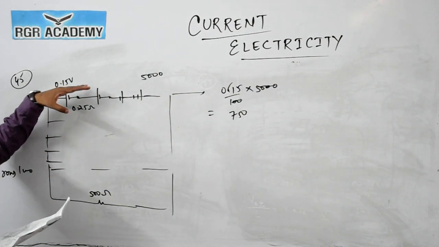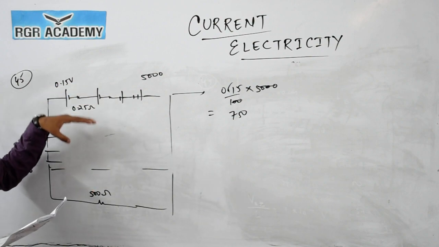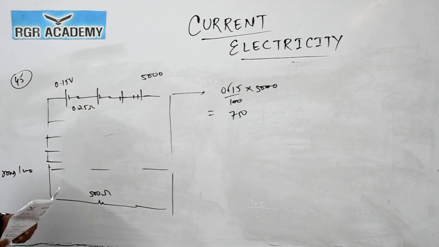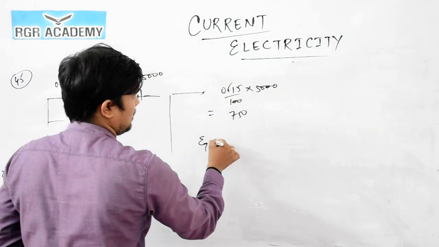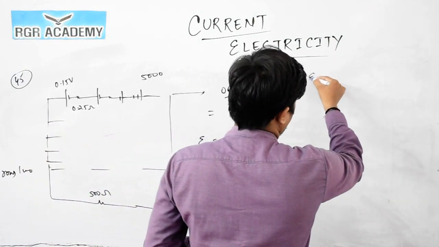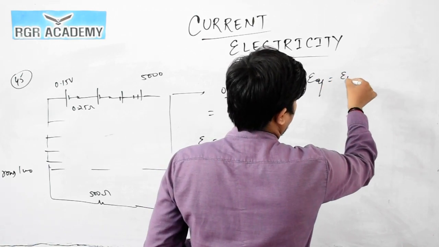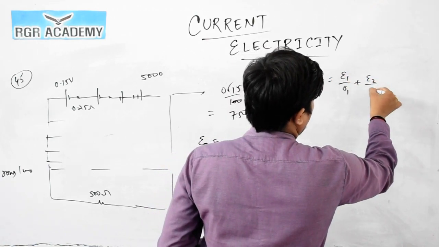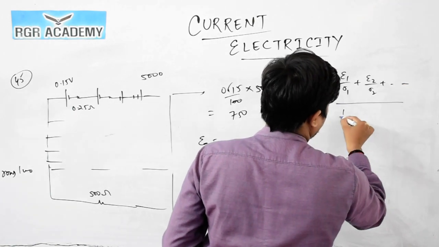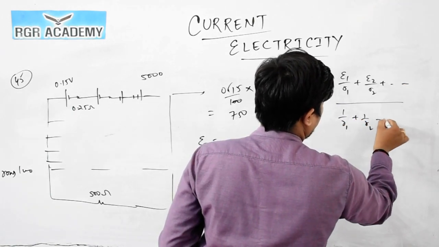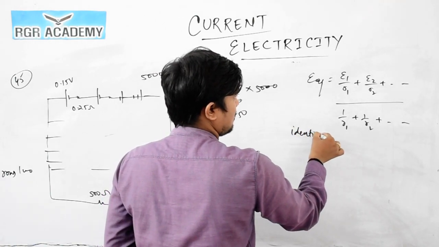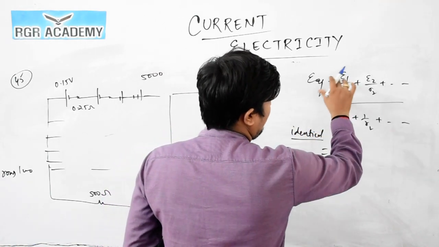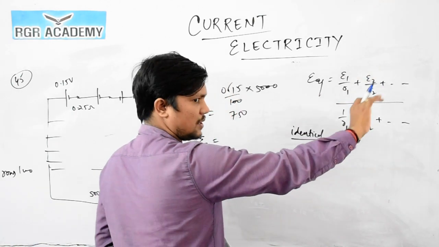So now all the rows are connected in parallel. When the cells are connected in parallel, equivalent EMF is given by E1 by R1 plus E2 by R2, like this way, divided by 1 by R1 plus 1 by R2 plus like this. Now if all the cells are identical, then E1, E2, E3 are the same, and R1, R2, R3 are also the same.